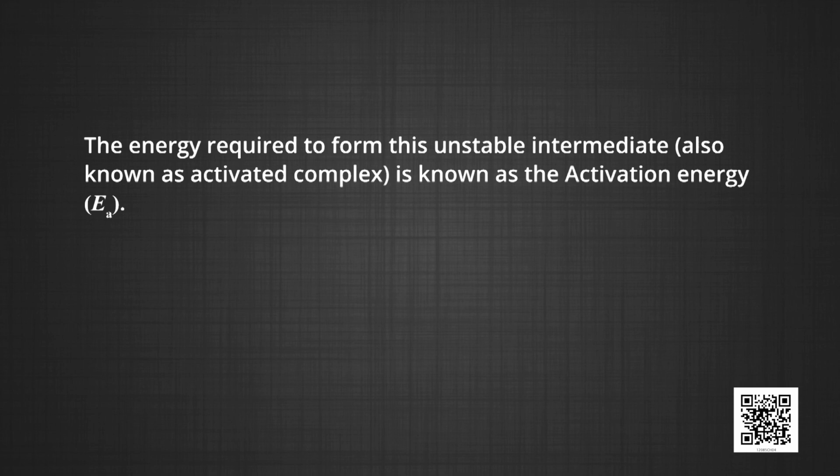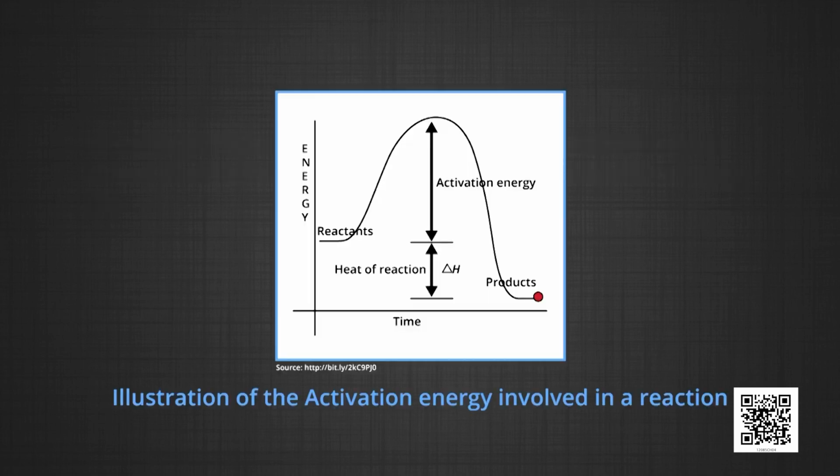It is written as a capital E with a subscript small a. Here you have the energy profile diagram, and from the graph you can see the average energy of the reactants and products, and also the activated complex and the activation energy. It just illustrates the activation energy involved in a reaction.